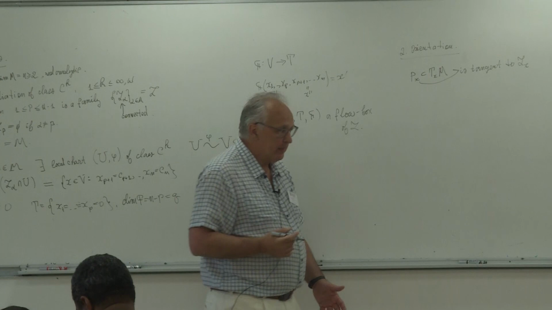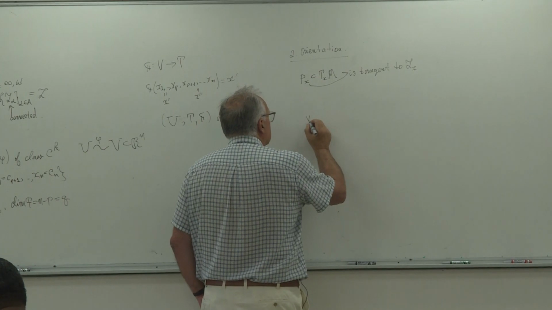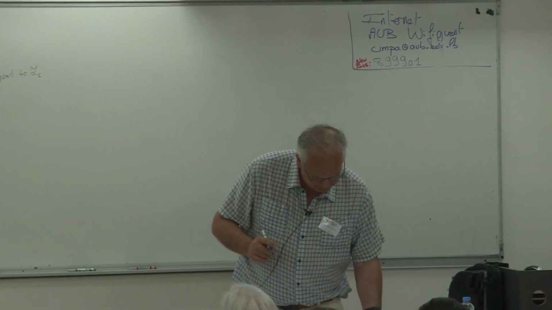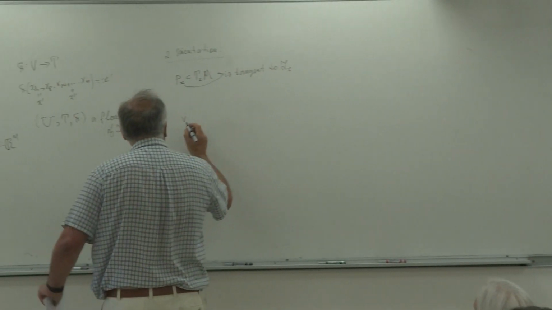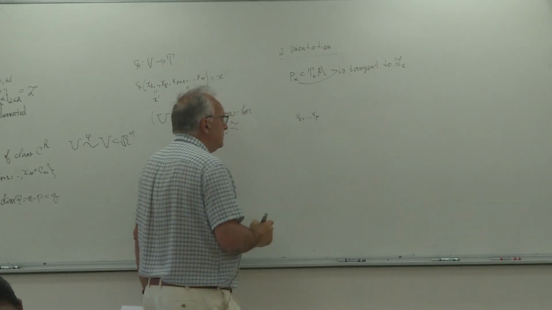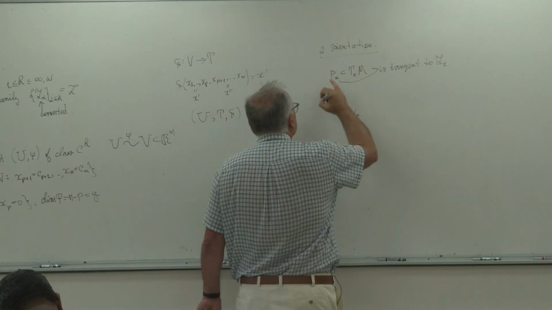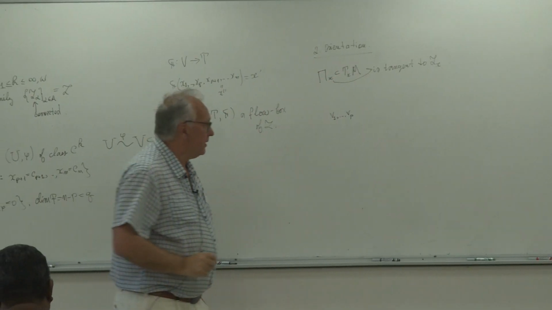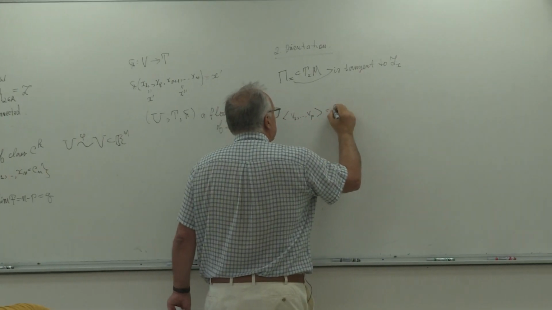What does that mean? That means that locally you can find vector fields. What was my notation? Better to keep the notation. Locally you can find vector fields V_1, ..., V_p generating P. This will be Greek P. Generating is a basis of P at point x.